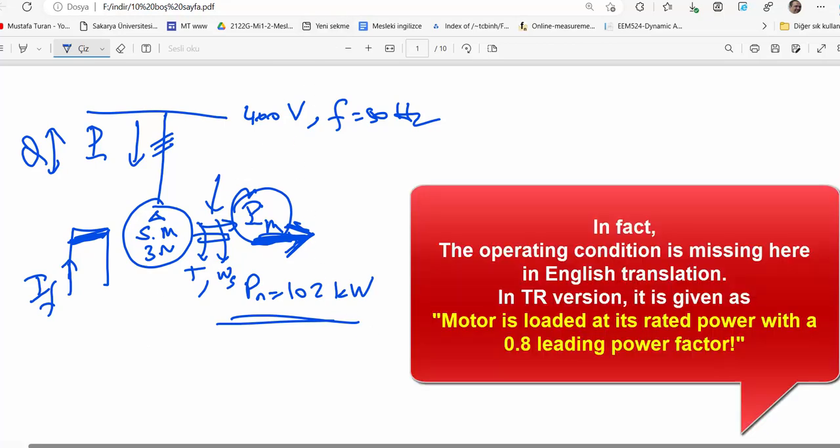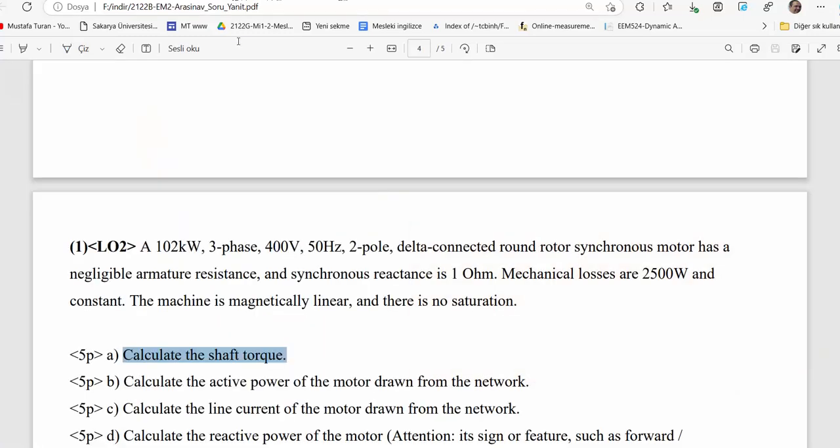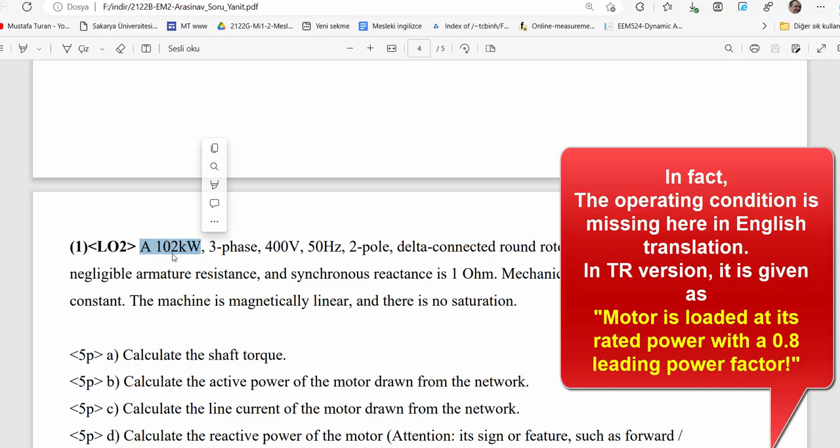What is the condition the machine is operated in? Let's read that again. For example, the machine could be operated at half value. But there is no information about that.